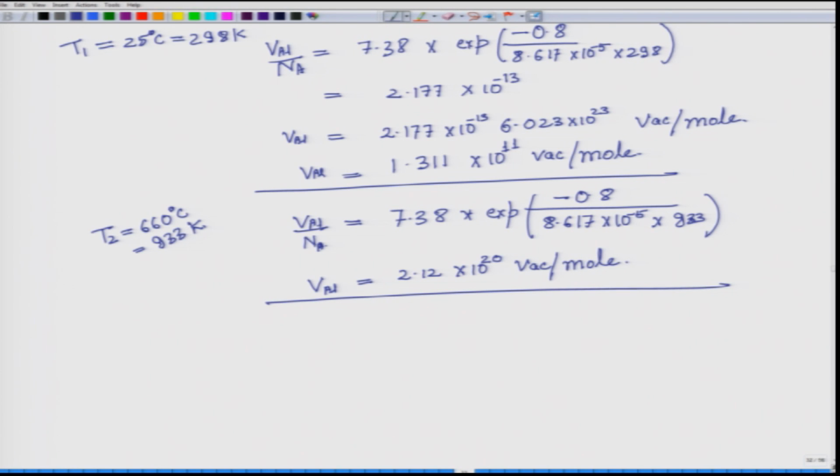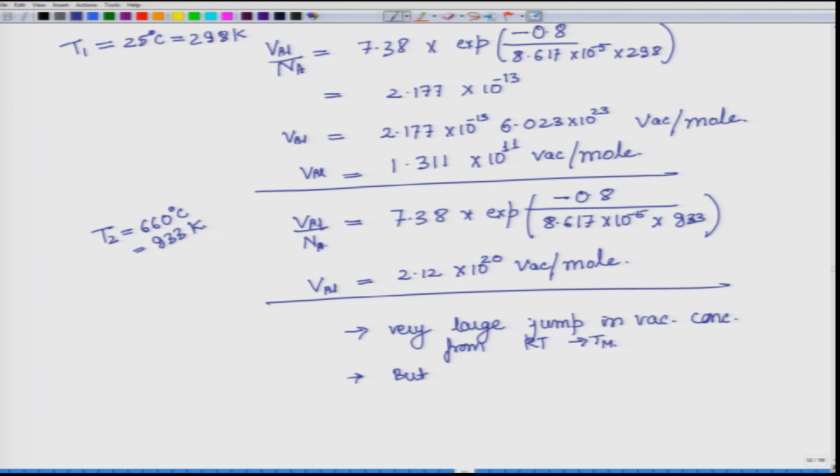So, what are the few things that you observe here? There is a very large jump in vacancy concentration from room temperature to Tm, and this is expected, but even if you look at this number, 10 to the power 20, this is still a very small fraction.